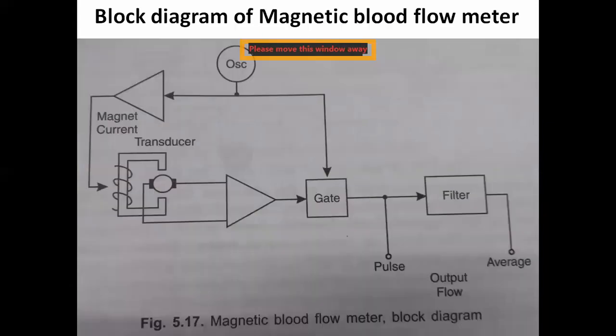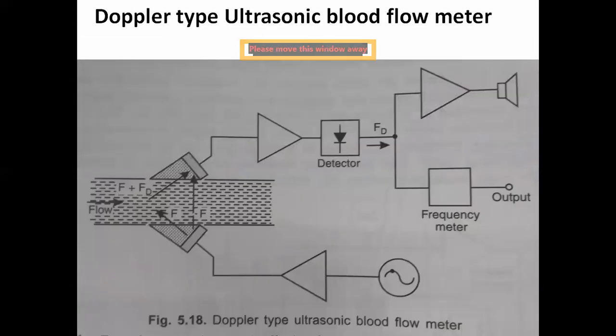So based upon these two methods, we can use the Doppler ultrasonic blood flow meters. One is the transmission type of blood flow meter, and another one is the Doppler type of blood flow meter. The transit type of blood flow meter I already explained in my first class.